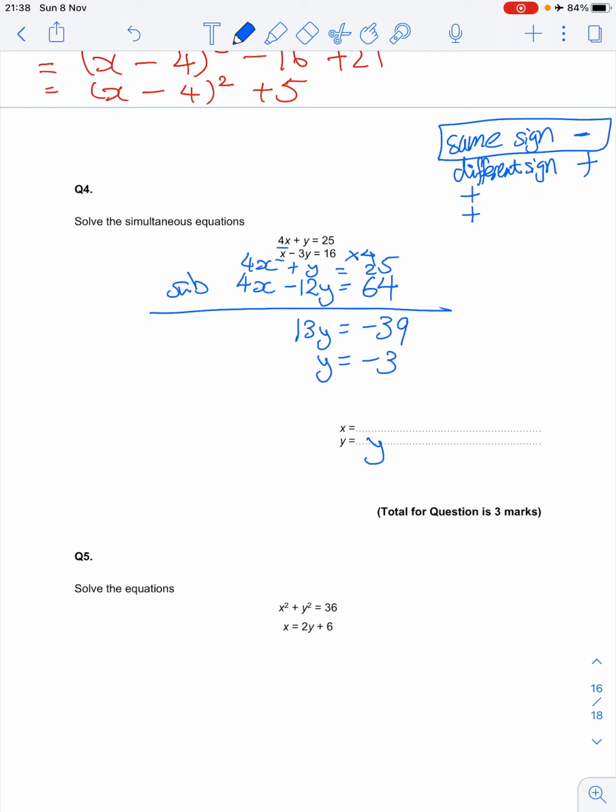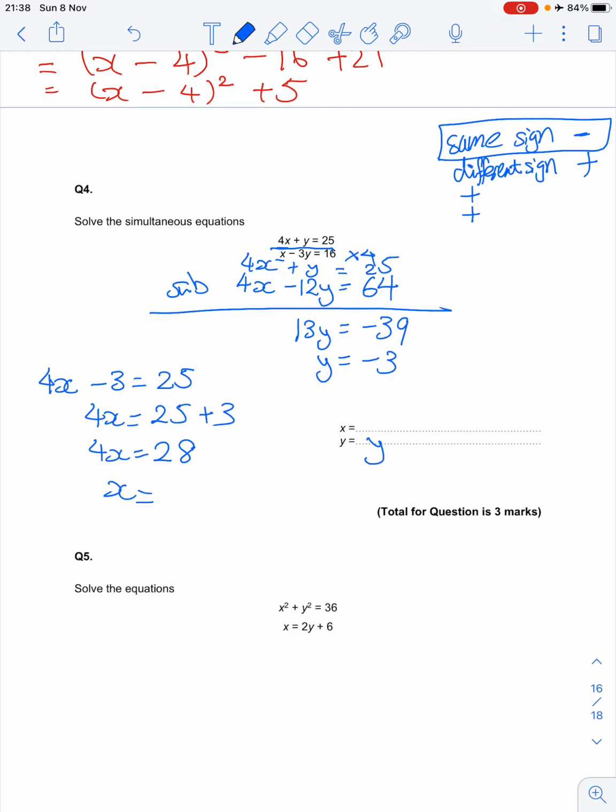Now we need to find the value of x. So I'm just going to pick equation 1 to substitute the value. So I have 4x minus 3 equals 25. So 4x equals 25 add 3, so 4x equals 28.